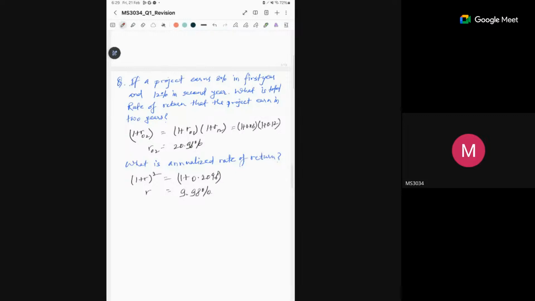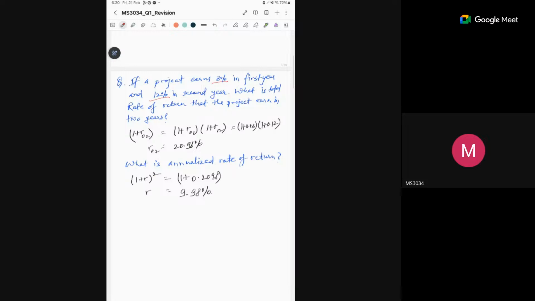Okay, let's discuss a bit about varying rates of return or the annualized rate of return. Let's suppose a project says it will give you 8% in the first year, and in the second year it will give you 12%. It is not giving you the same. So the question is asking what is the total return that you have earned in these 2 years.